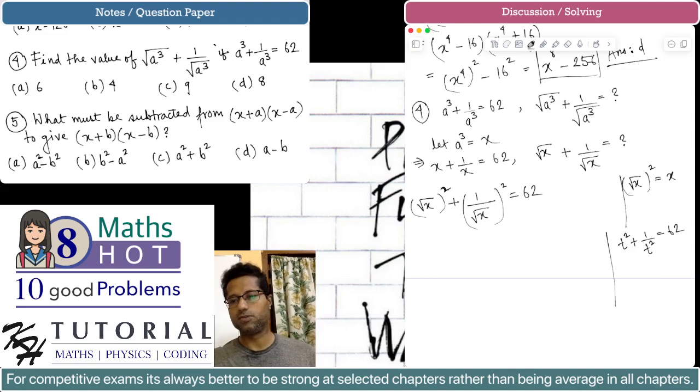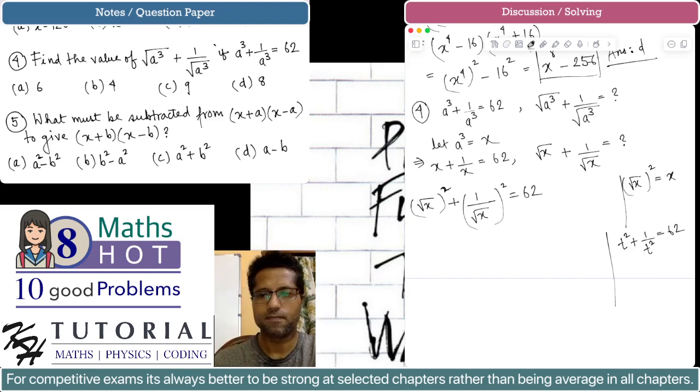Also you know that t square multiplied by 1 by t square is 1, a constant. So from this value, you can always find the value of t minus 1 by t and t plus 1 by t. And we are asked to find root x plus 1 by root x.